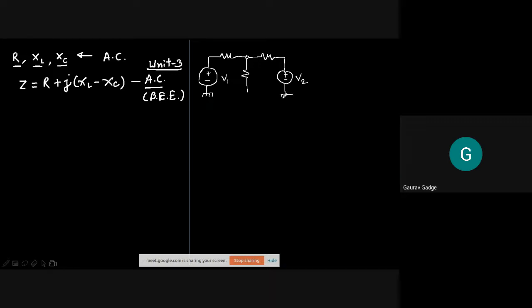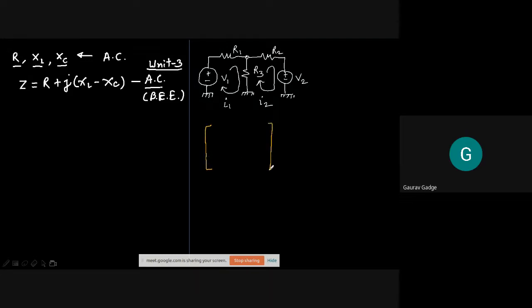We are repeating the numerical so that the concept can be cleared completely, with the resistances R1, R2, R3. Current for this particular loop is I1, and current for the second loop is I2. The orientations of both the loop currents are the same.